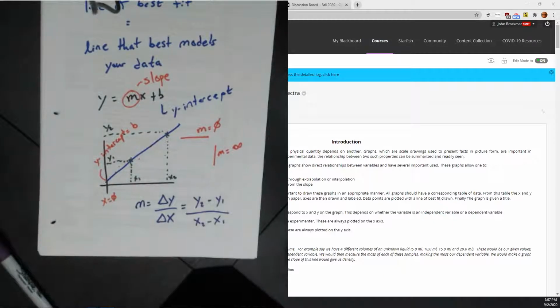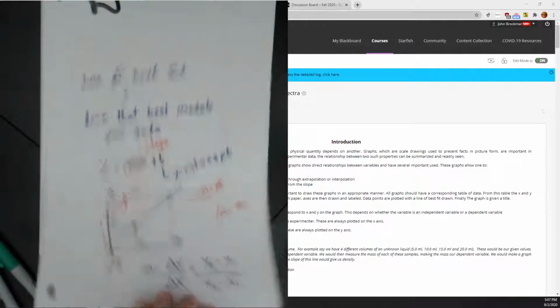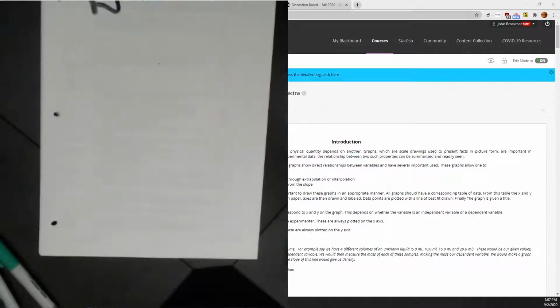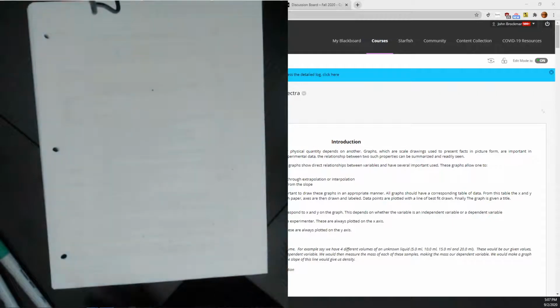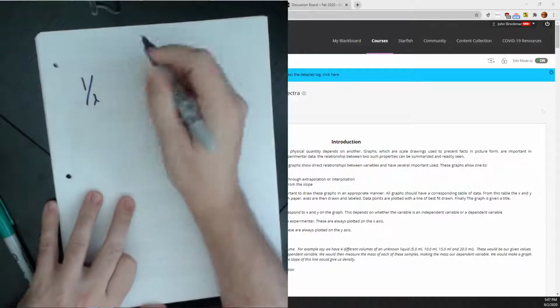Now, the reason you want to do that for today's lab is because you are finding the Rydberg constant. You will hopefully have already covered a bit of this in class, but the Rydberg equation is this guy right here.